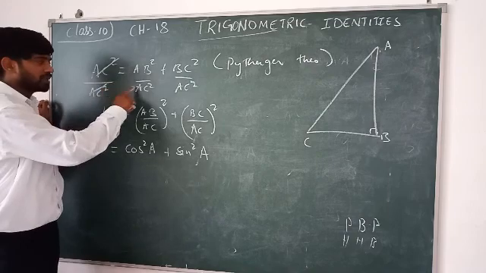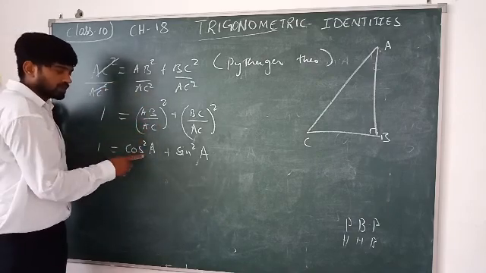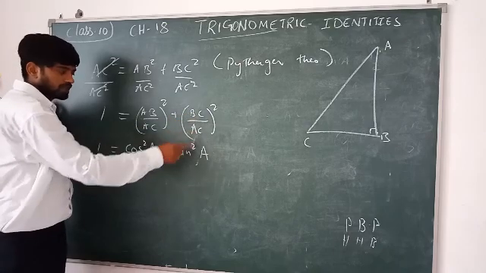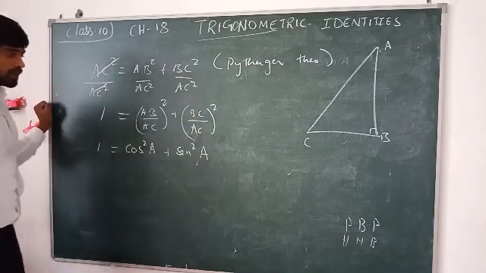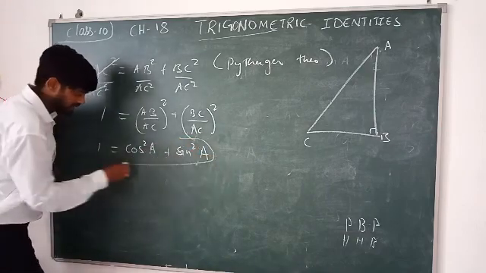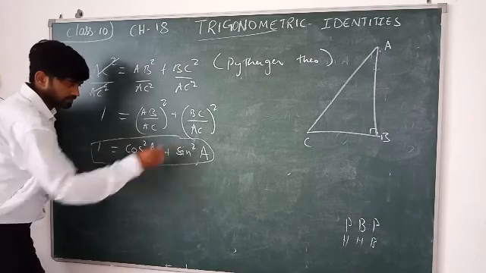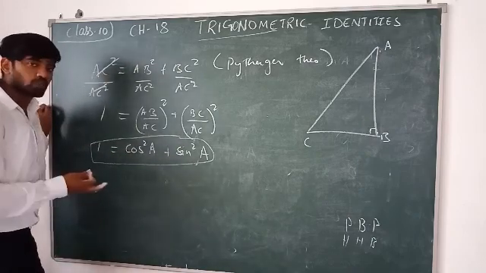If I divide everything by AC square, I'm going to get AB upon AC is cos A, BC upon AC is sin A. So you guys can understand this very carefully. This is the very first identity that we'll use. I'll teach you how to use this identity in the questions itself.